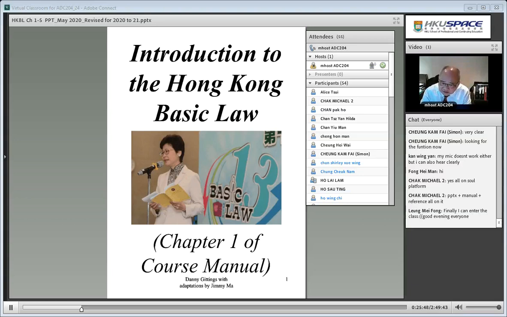And at the same time, you can see the Hong Kong SAR government is also promoting or imparting this concept of the country, the People's Republic of China, and also bringing in the Constitution of the People's Republic of China to the Hong Kong people.